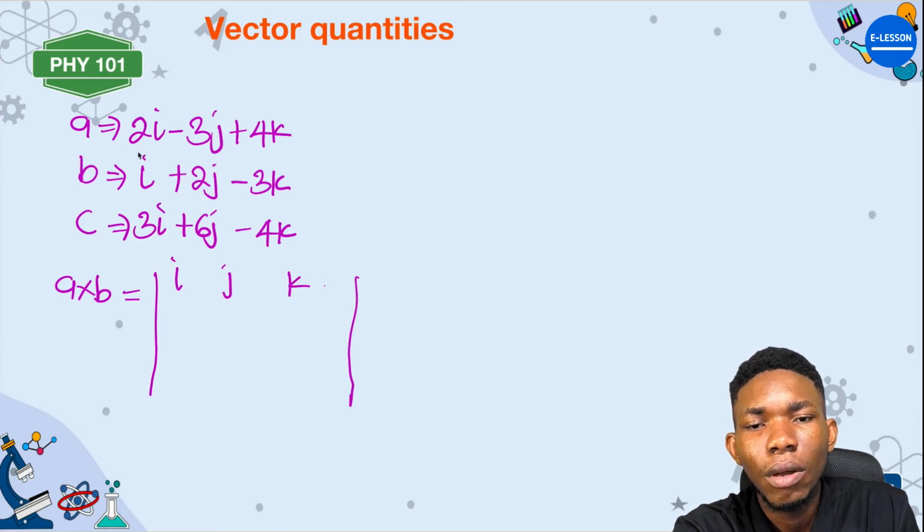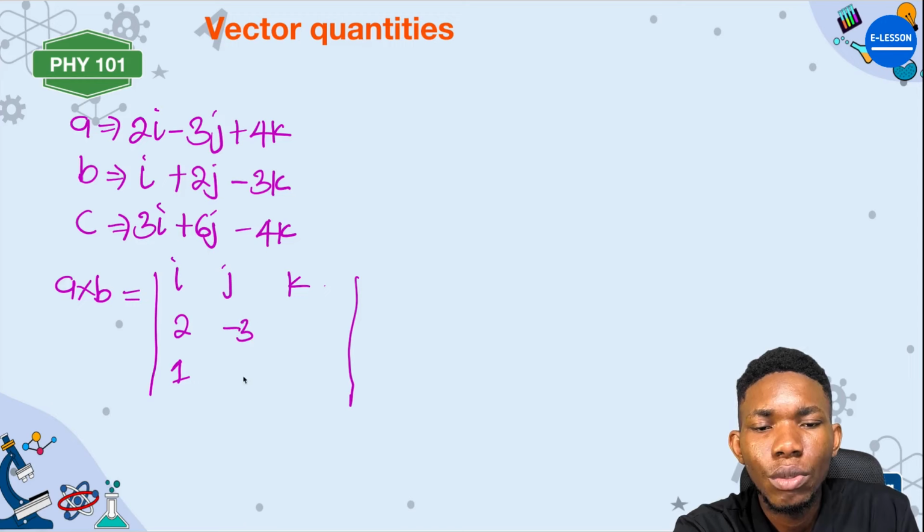Now, under A cross B, right? So we are working with these two. So under i, we have 2 and 1. Under j, we have minus 3 and 2. And then under k, we have 4 and minus 3.